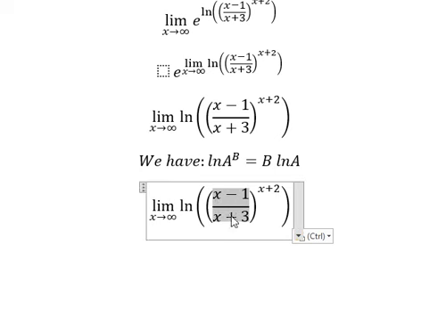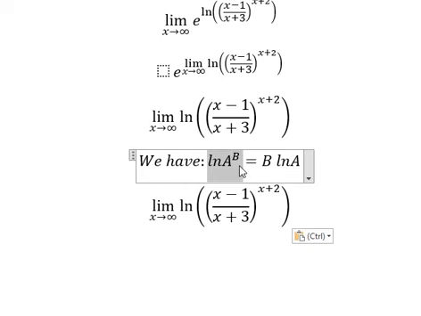So this one that is about capital A. This one that is about capital B. Now we need to transform this one into this one.